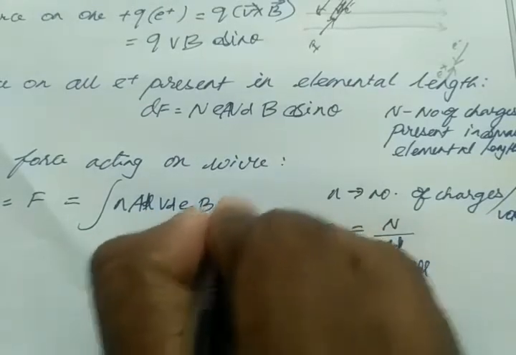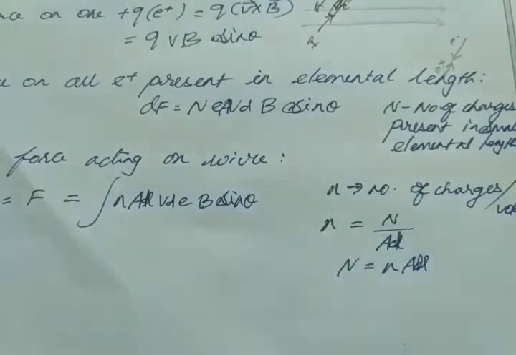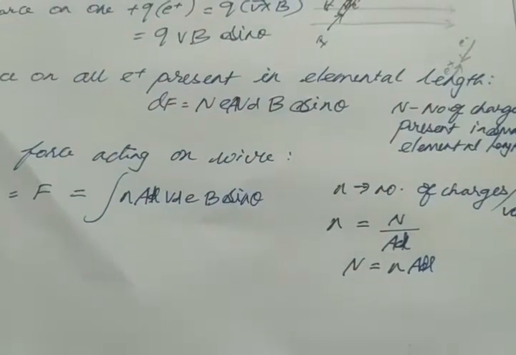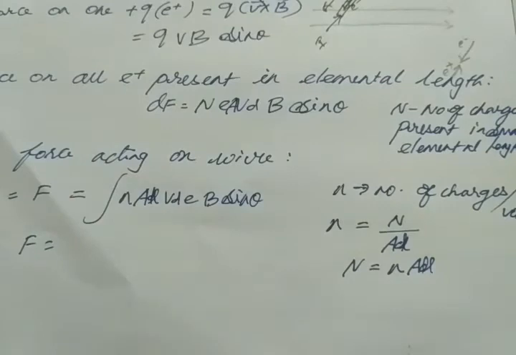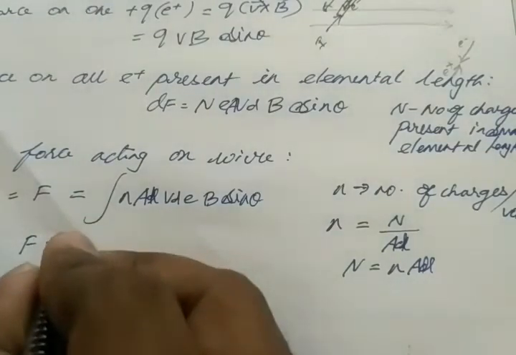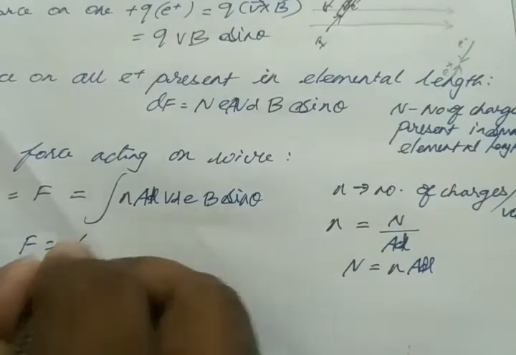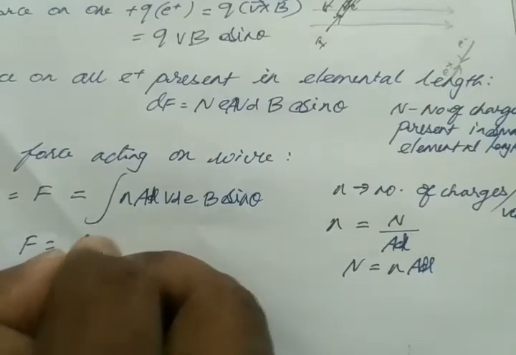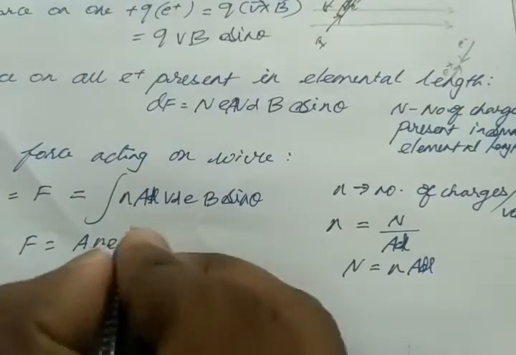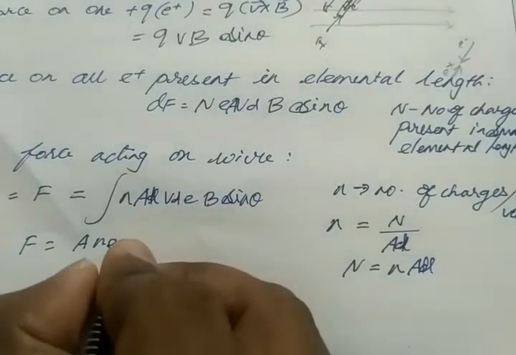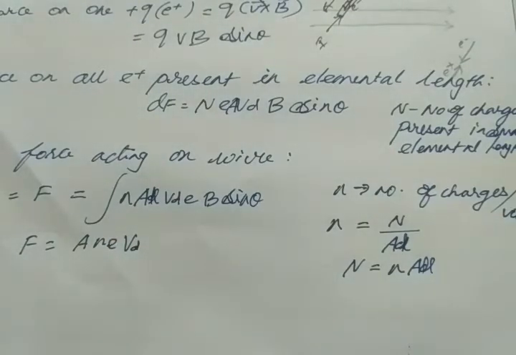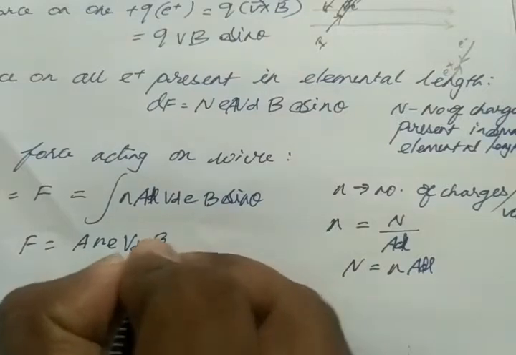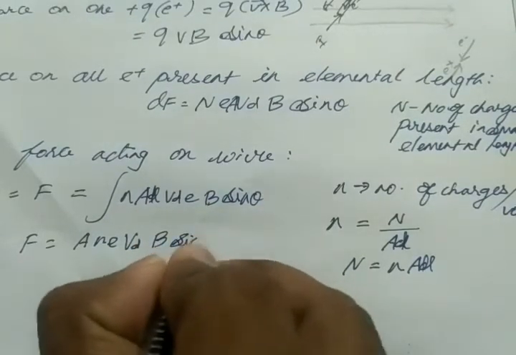EB sin theta. So further we can write F equal to, take all the constant terms outside. So A constant cross section area, N number of charges, E charge of electron, VD drift velocity of electron, and B magnetic field also constant, and sin theta.